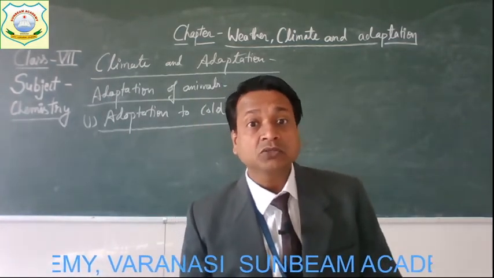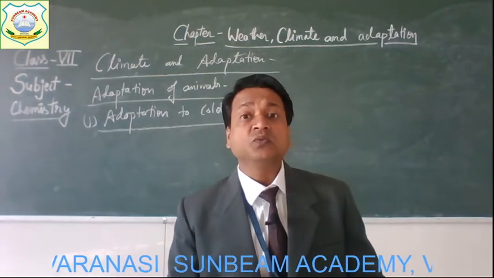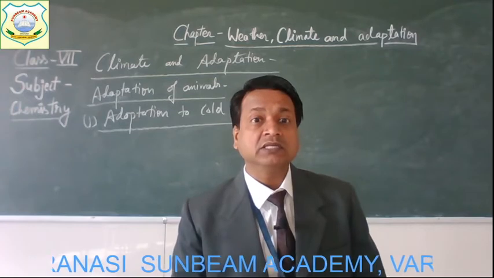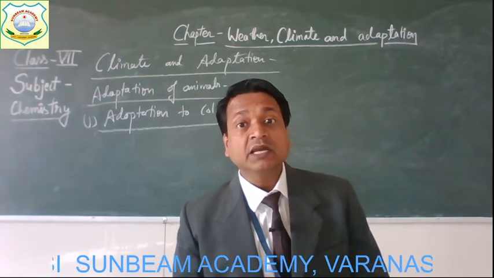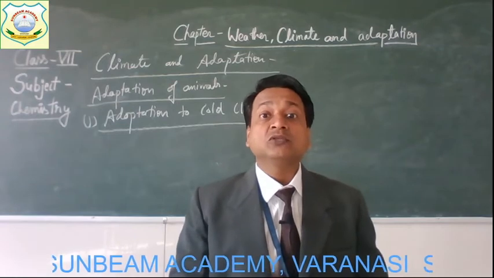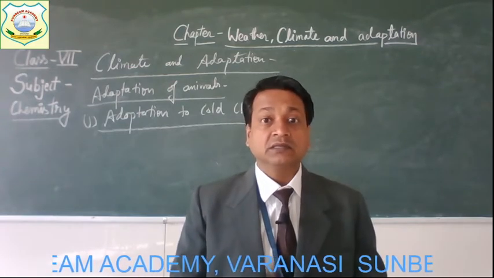Adaptation to cold climates. You have seen that it is very cold in the polar region, is it? And in winters, the temperature can drop as low as minus 37 degrees Celsius.